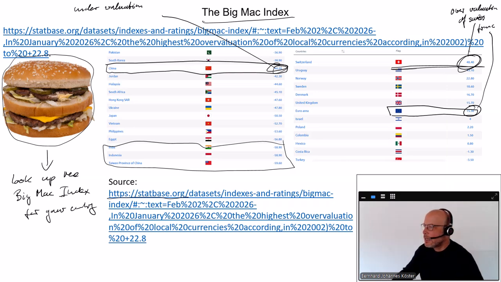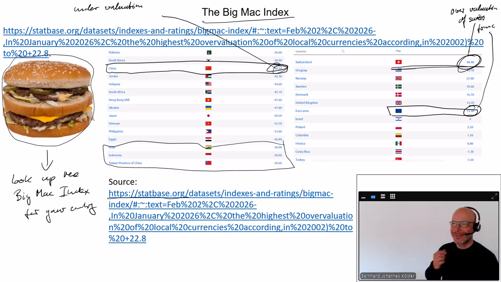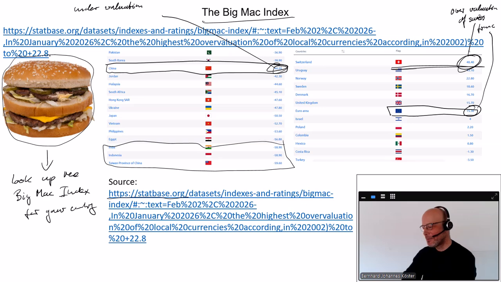So what kind of car are you driving, or your parents, or your friend? Okay. And do you have friends who are driving other cars?